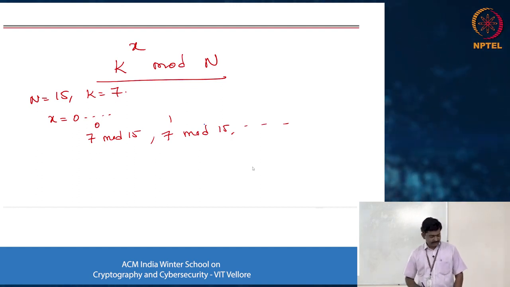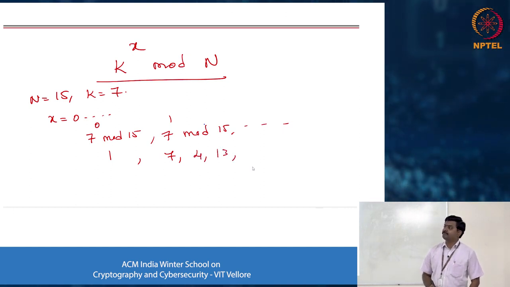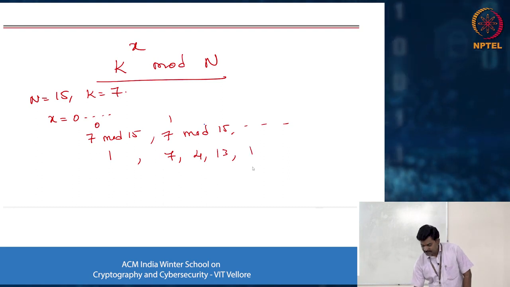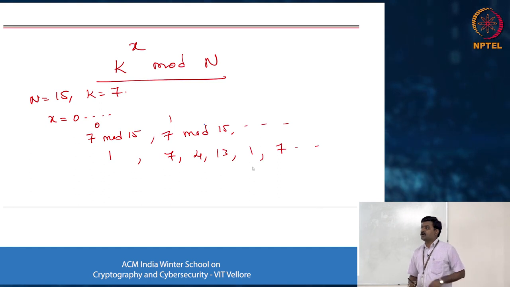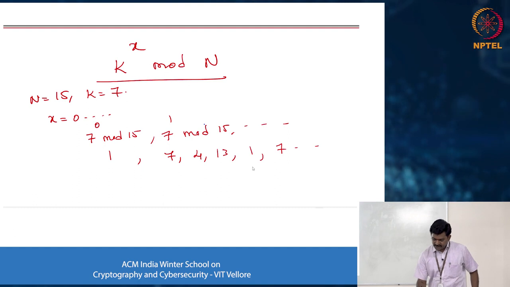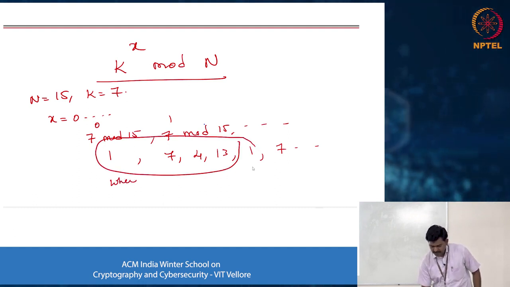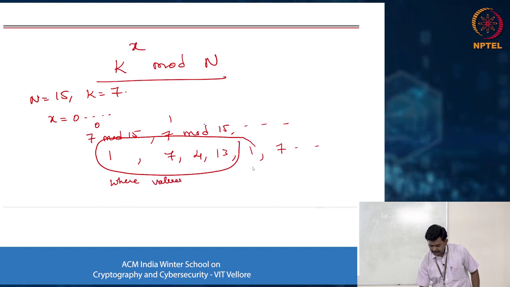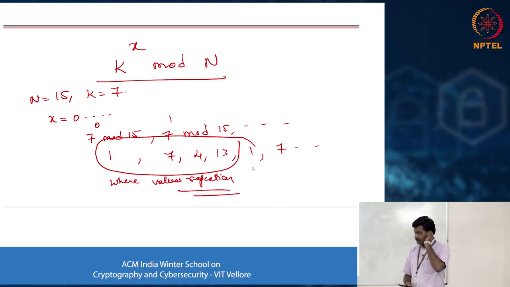Now if you notice, in this series, you have 1, 7, and when you proceed further, 4, 13, and then 1, 7, and so on. That means you see these values get repeated. The period estimation problem is to find the period where the values are getting repeated. This is called the period estimation problem.